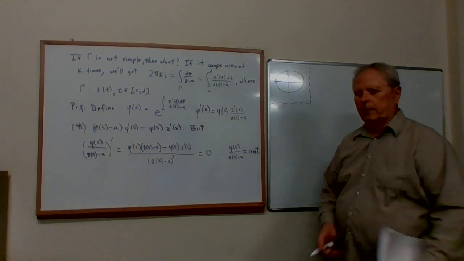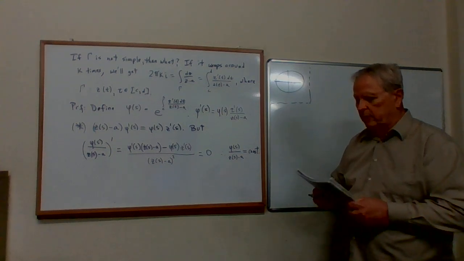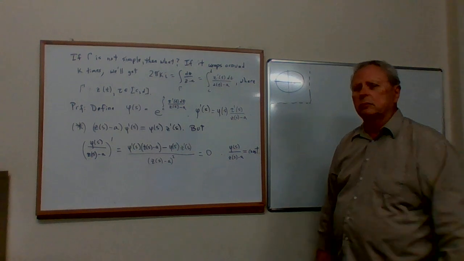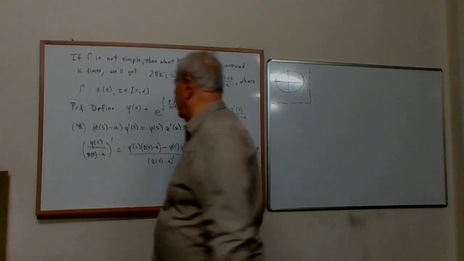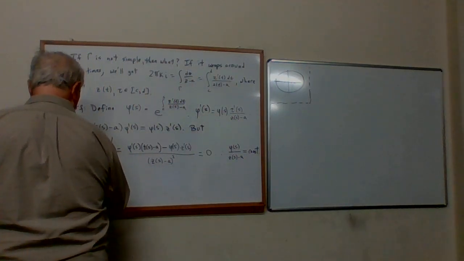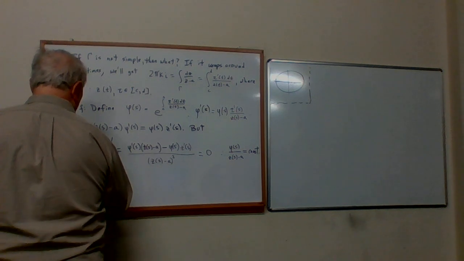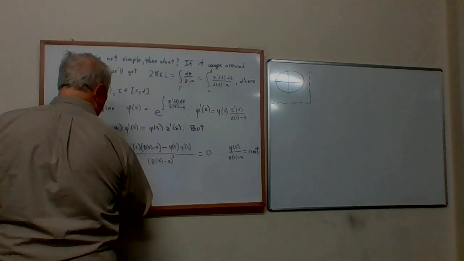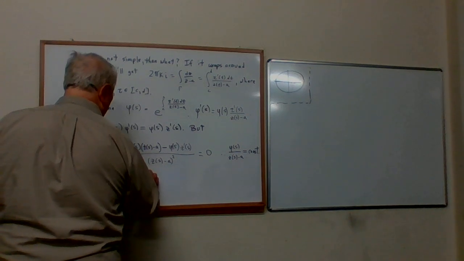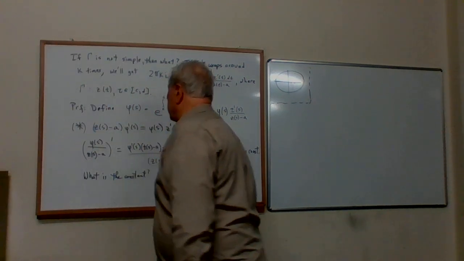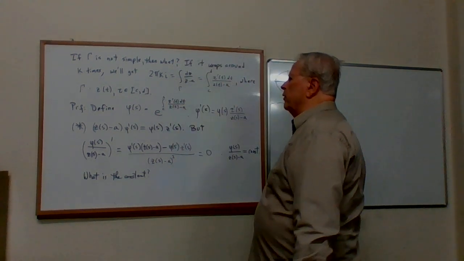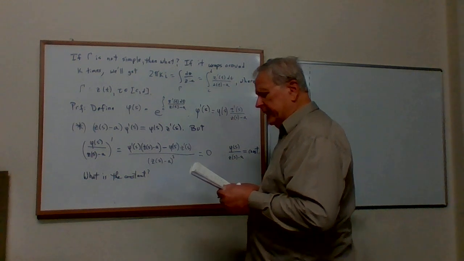Okay? Now, I wonder what the constant is. No, I don't. I know what the constant is. What is the constant? Well, since it's a constant, then it would be a constant no matter what number in the interval from 0 to d I plug in.